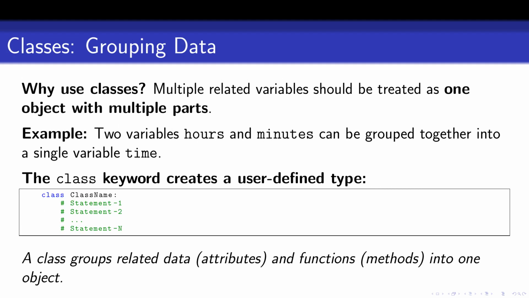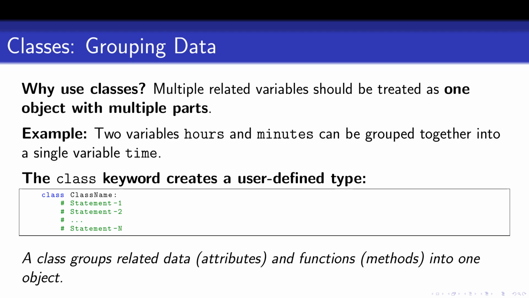Classes give you a way to group related data and behavior into a single, reusable structure. Instead of managing multiple related variables separately, like hours and minutes, you can define a class, such as Time, that contains both as attributes. In Python, you define a class using the class keyword, followed by the class name and a colon.